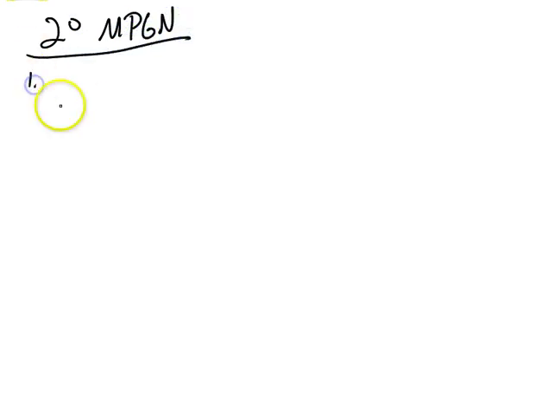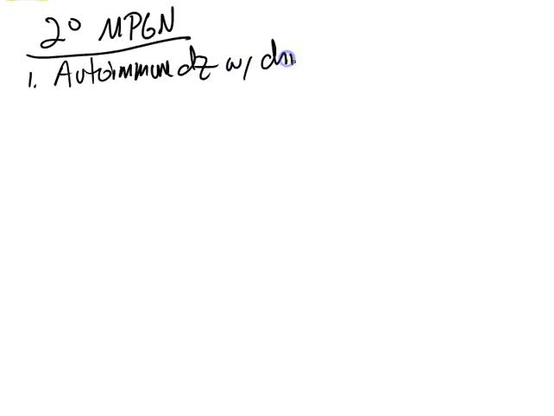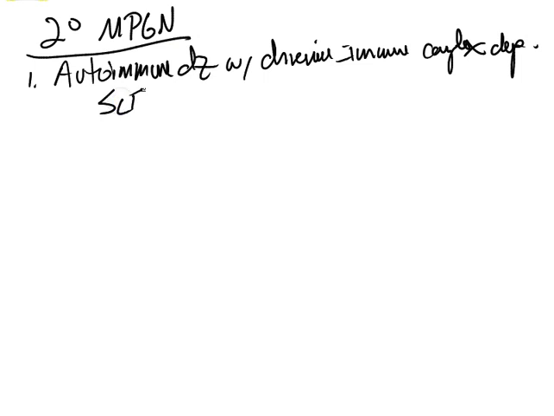And I'm going to get another page here because there's also 4 types of things they call secondary MPGN. Number 1, autoimmune. Imagine that. Autoimmune disease, chronic immune complex deposition. And for example, SLE, Sjogren's disease.